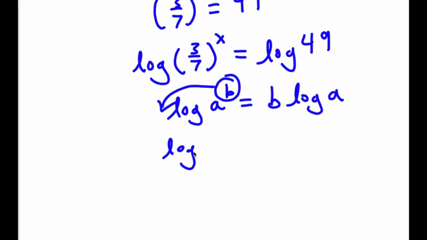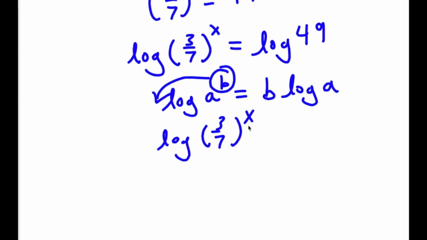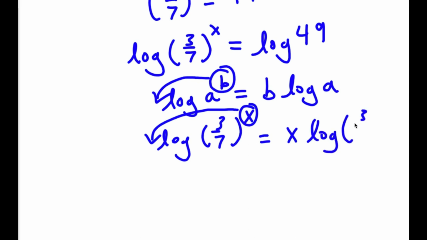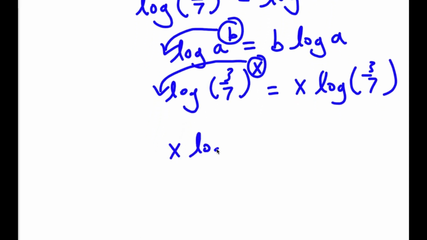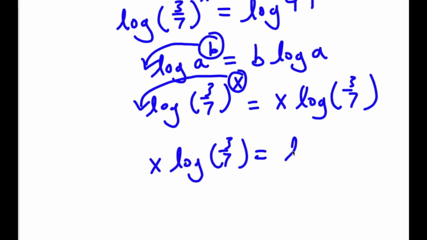So for log 3 over 7 to the power of x, I can move this exponent x to the front of the logarithm. So this would be equal to x times log 3 over 7. So now I have x times log 3 over 7 is equal to log 49.